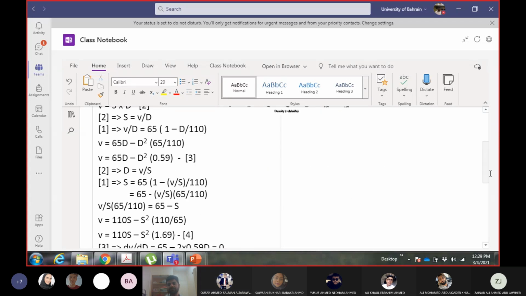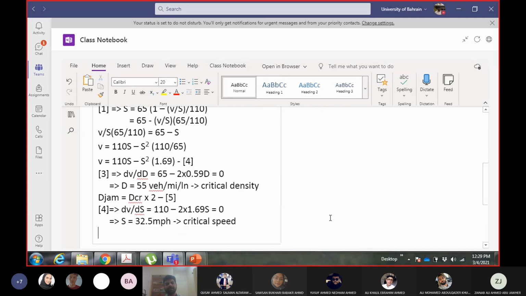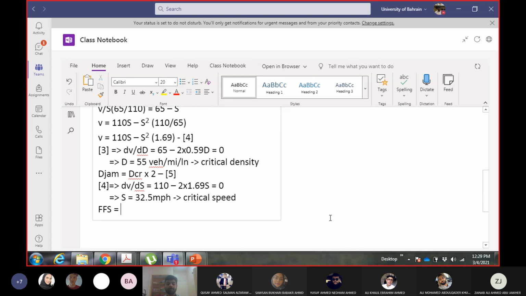So free flow speed was 65 and critical speed is 32.5. What is the relationship between them? Also times 2, yeah. So critical speed times 2 will give you free flow speed. Critical density times 2 will give you jam density.